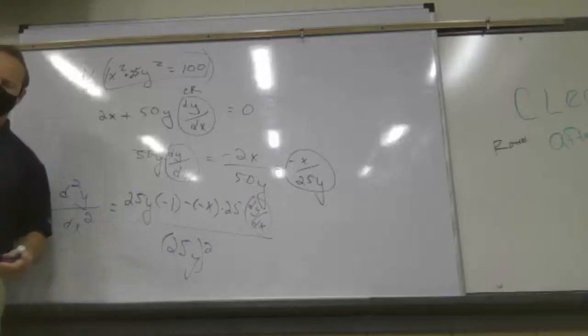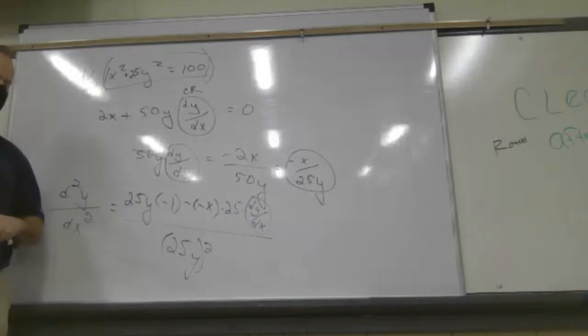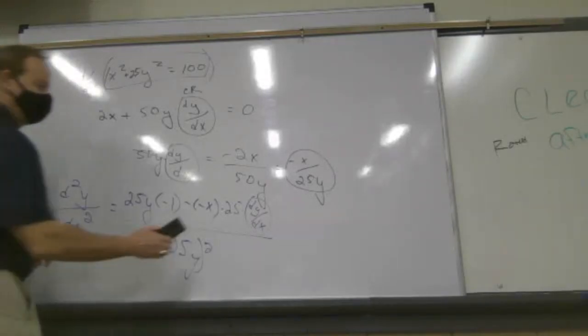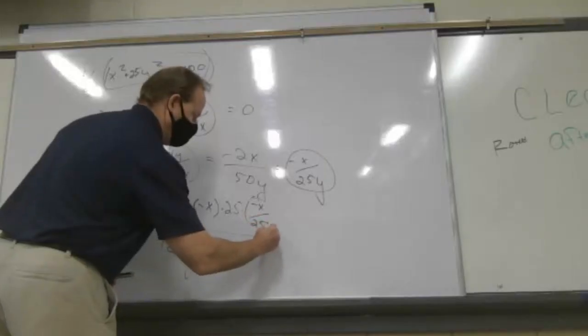Did everybody else get where you got to show it? You sub it in if you get something that's equivalent to it. So if I plug in what dy/dx is, minus x over 25y, I can cancel this 25 with that 25.